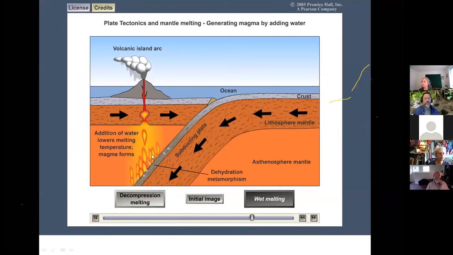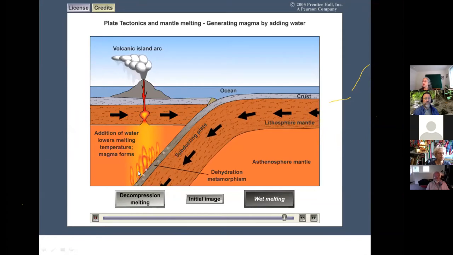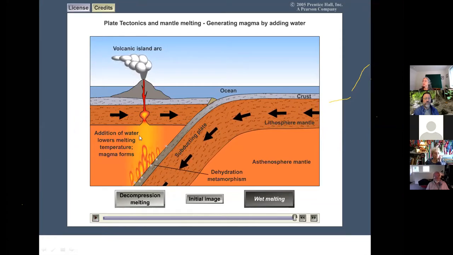When it gets down here, because it's carrying water, it's melting some of the rocks, which is creating a magma chamber and then a volcanic arc on top of it, in other words, a chain of volcanoes. Think of the Cascades as a chain of volcanoes coming not through the ocean, but up through a continent. But it's the same process going on. So that's a nice little animation there.